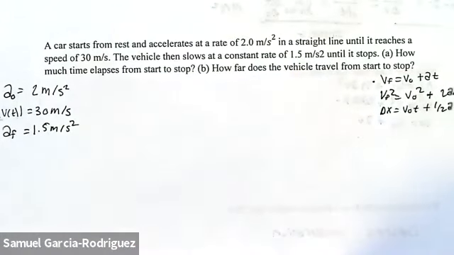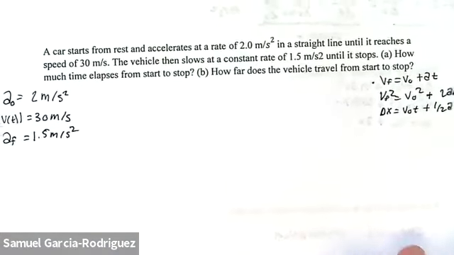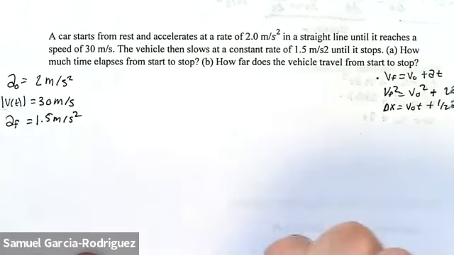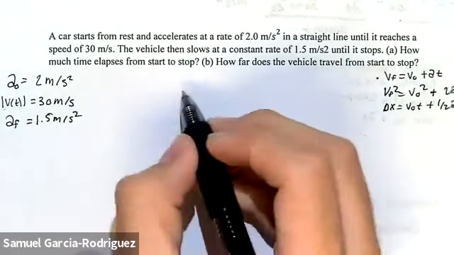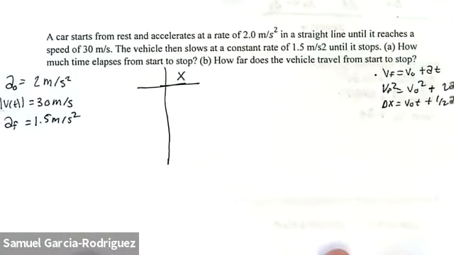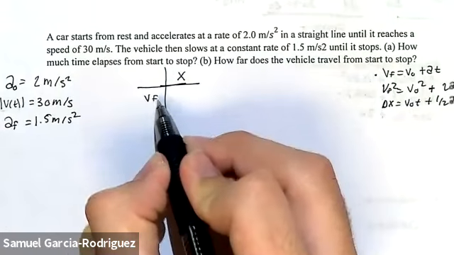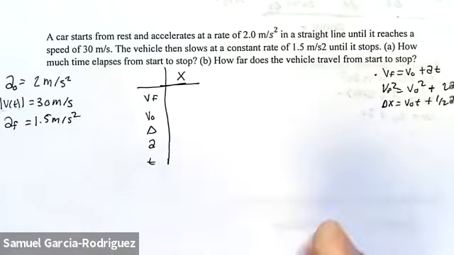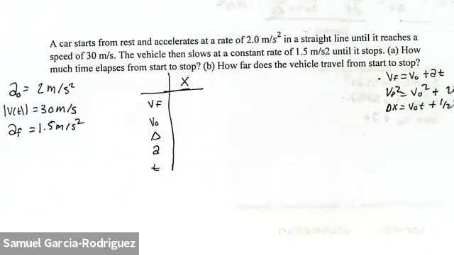Since this question doesn't really seem to have multiple dimensions, it doesn't seem like I'm going at a diagonal like in X and Y or X, Y, and Z, I can safely assume that this is a one-dimensional problem, and I'm just going to make that one dimension X. So how I like to set this up is V final, V initial, delta X, A, T. That's how I like to set these up. If you have a different method that you're comfortable with, go ahead and use it. This is just how I like to set things up.